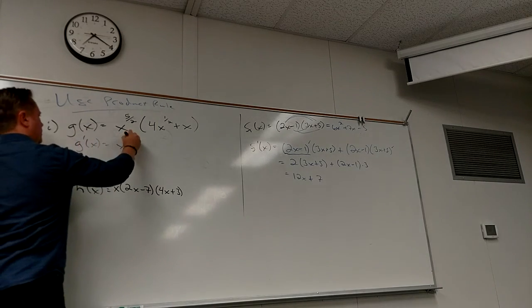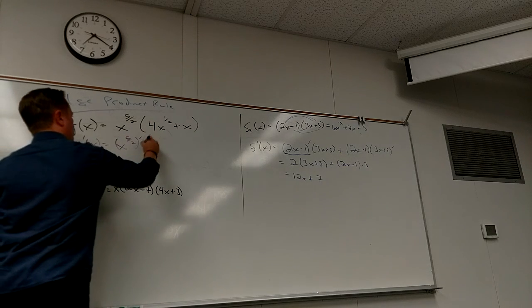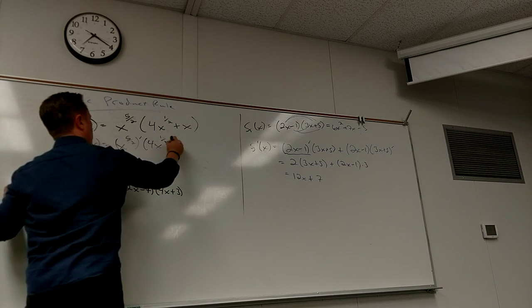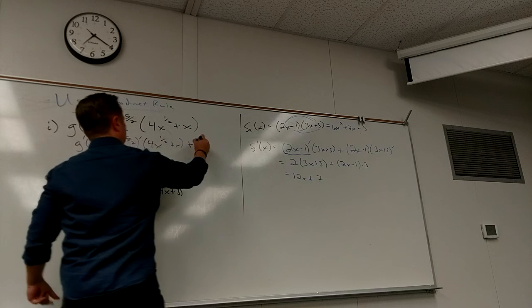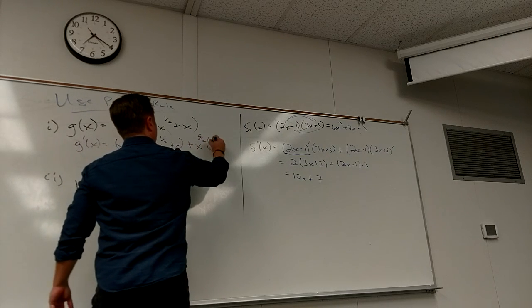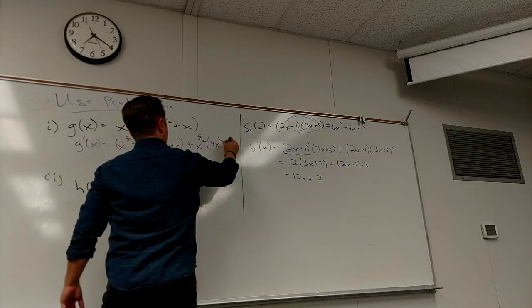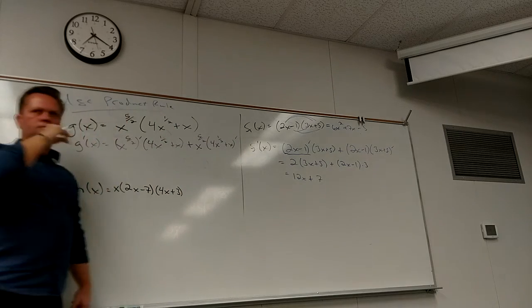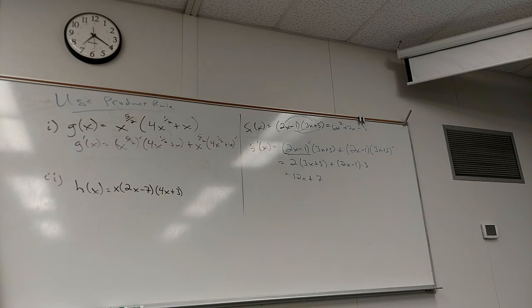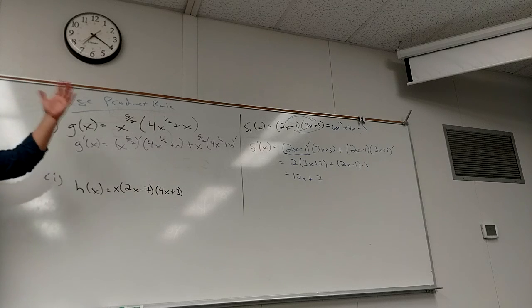We've got to take this guy's derivative, leave this guy alone, plus leave this guy alone, and then this guy gets his turn. It reinforces the rule. It helps you focus on a specific thing at a specific time without having to think that you have to keep it all in your head at once.